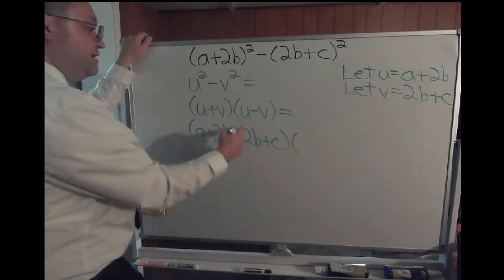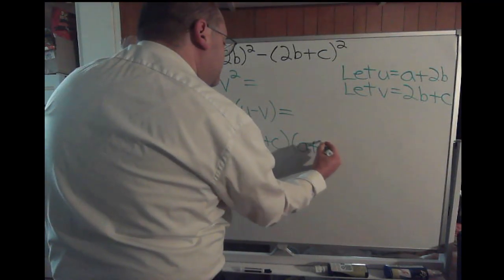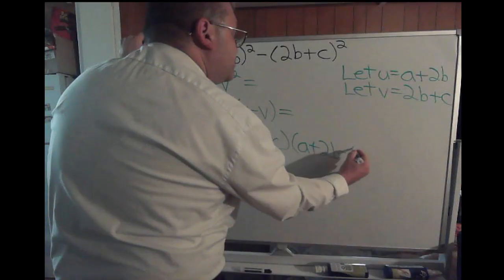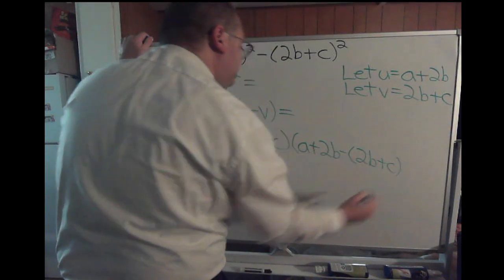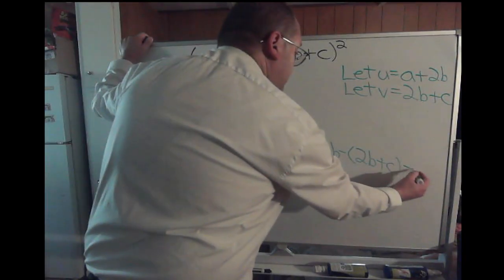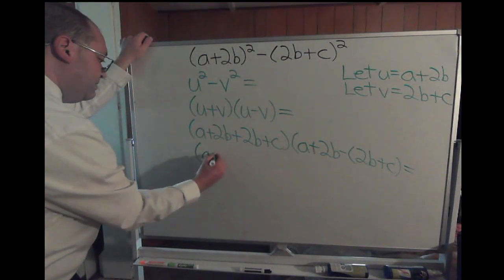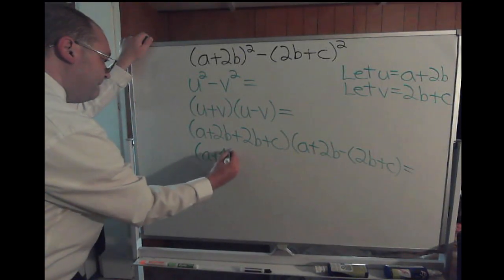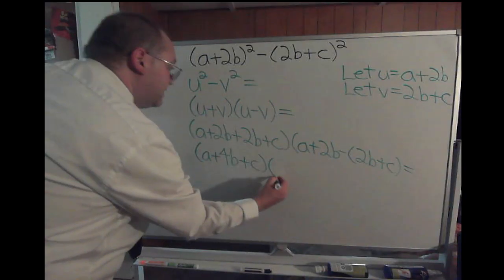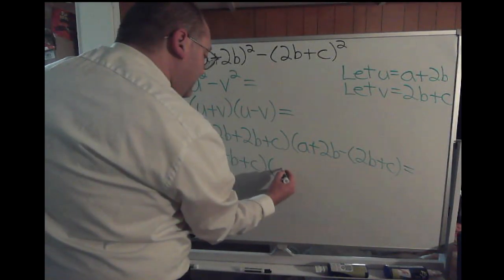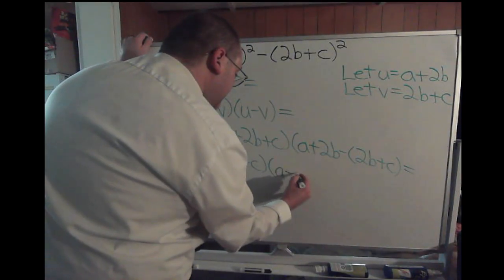That quantity times, u was a plus 2b minus your quantity of 2b plus c. Now you simplify each of the factors, you would get a plus 4b plus c times the quantity of a, 2b minus 2b, the b's are gone, you just have a minus c.